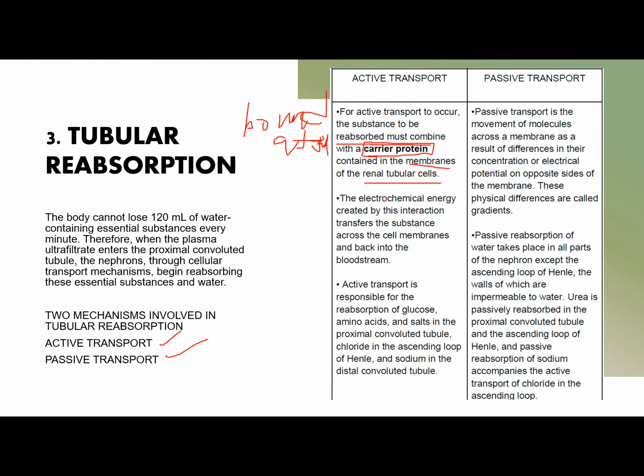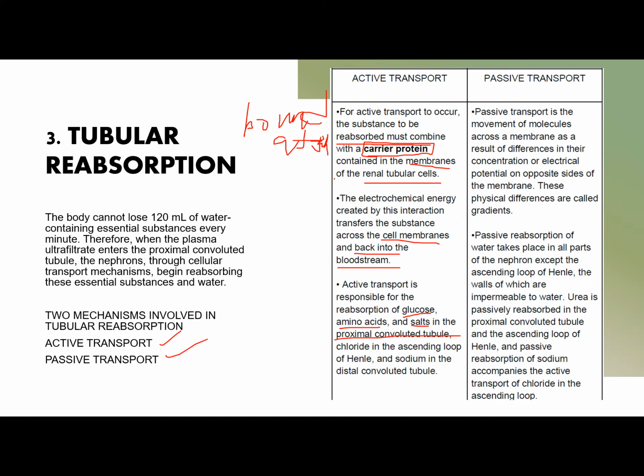May naka-attach na protein. So the electrochemical energy created by this interaction transfers the substance across the cell membrane and back into the bloodstream. So merong nangyayaring electrochemical transfer, class, meaning nag-exert ng energy, kaya nga active. Now, the substances absorbed by active transport, class, are the following: glucose, amino acid, and salts in the PCT.